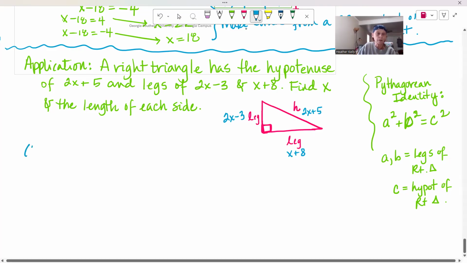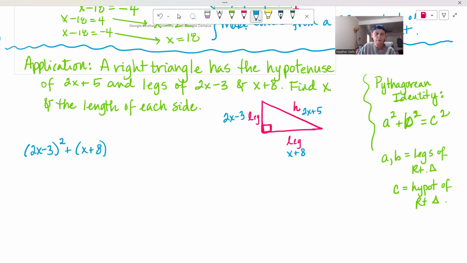Okay, so with that being known, how do we set this up? Absolutely, it's going to be 2x minus 3 squared plus x plus 8 squared is equal to 2x plus 5 squared. And now you get to practice your foiling out here. We've got 4x squared. 2x times negative 3 is negative 6 times 2 is minus 12x plus 9.